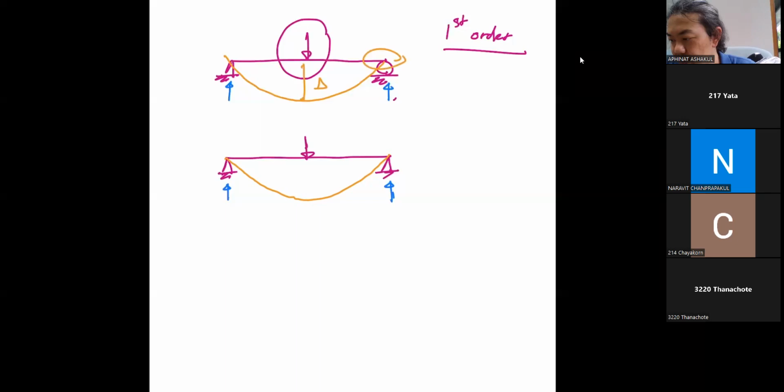But here, your member is locked tight in horizontal direction in both ways, in both supports. So it will create another force, because this will only happen when you have a very large deflection.